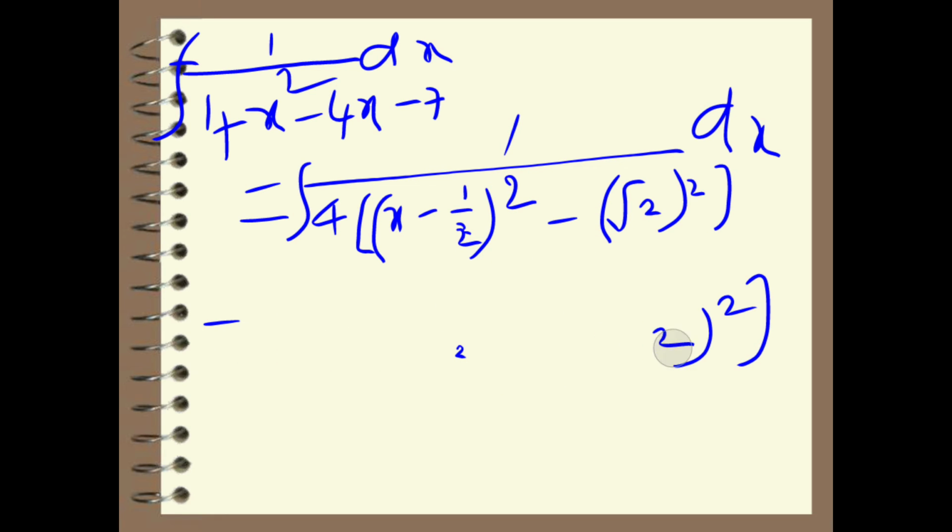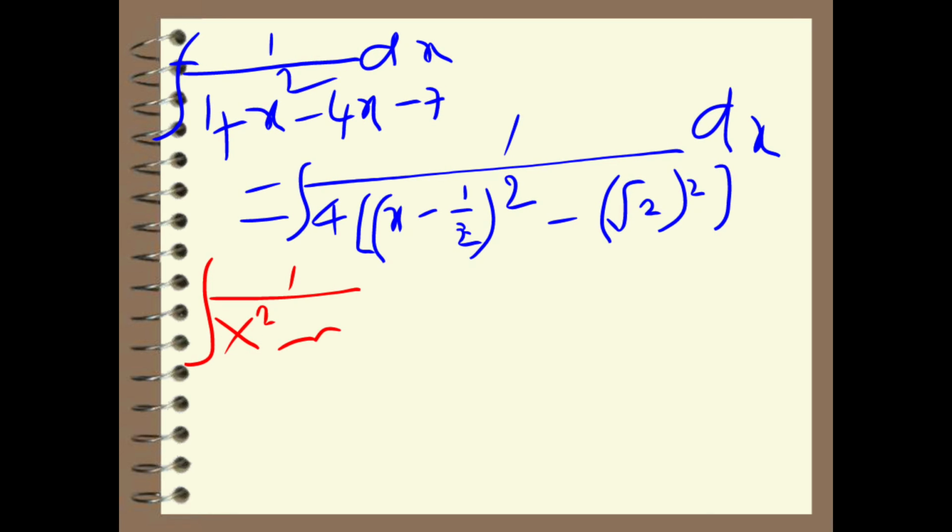Now it is clearly of the form integration of 1 by x square minus a square into dx. Already we know the formula for 1 by x square minus a square. What is the formula? Anybody?